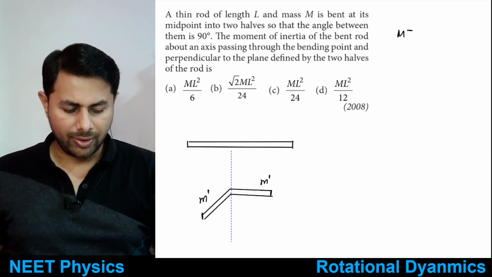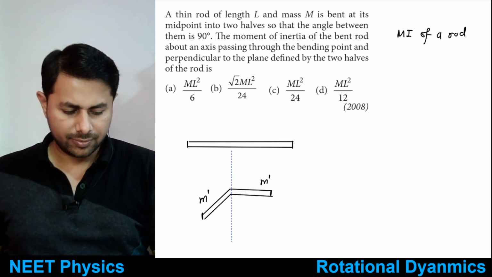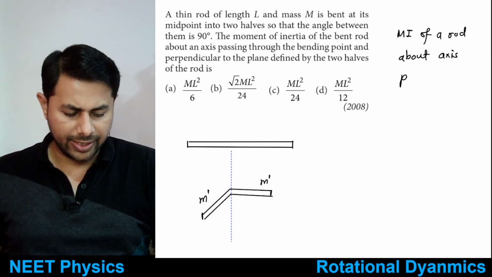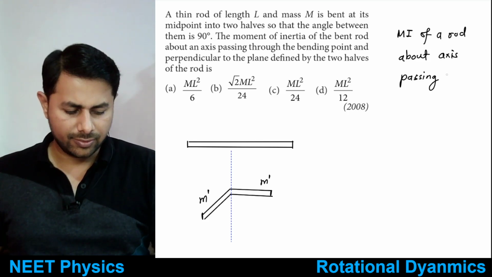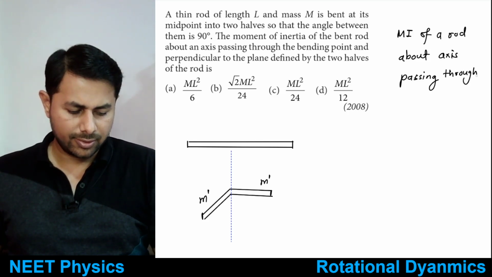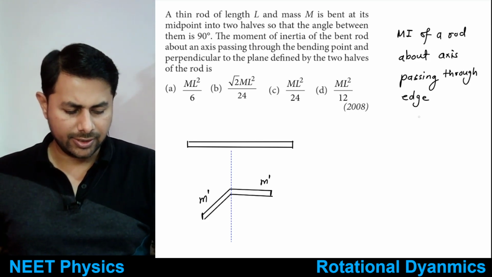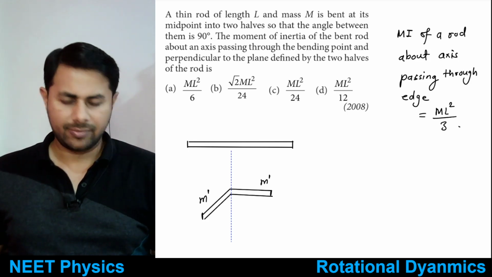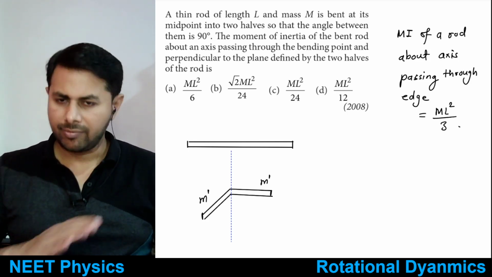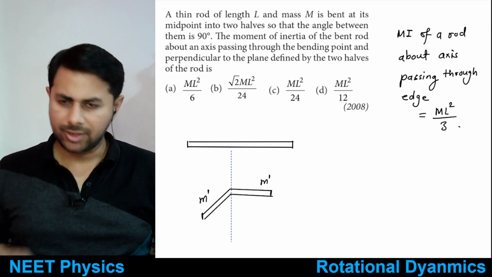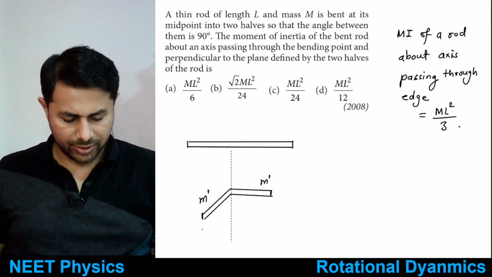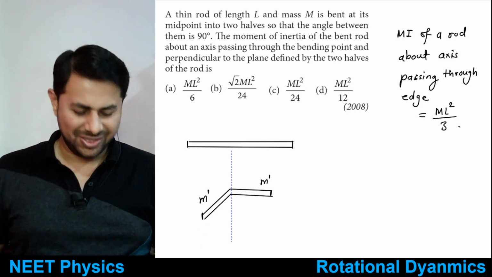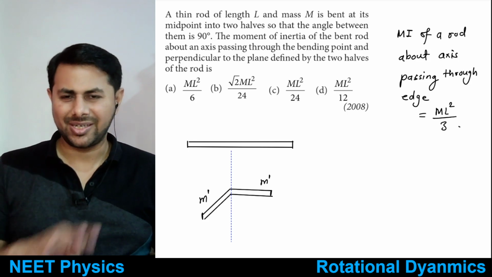So MI of a rod about an axis passing through its edge is equal to ML square divided by 3. But here mass is m dash, length is also l dash. So for this one it will be m dash l dash square divided by 3, and for this one also it will be m dash l dash square divided by 3.